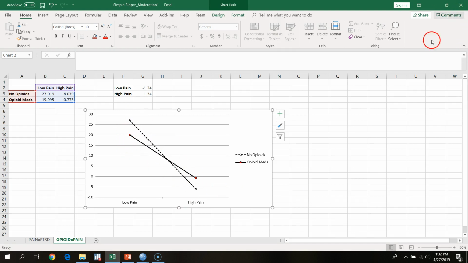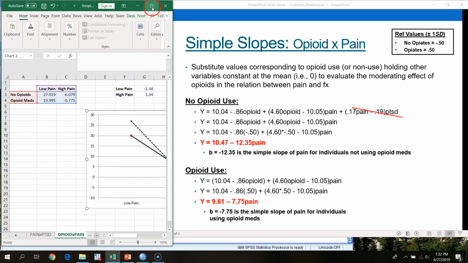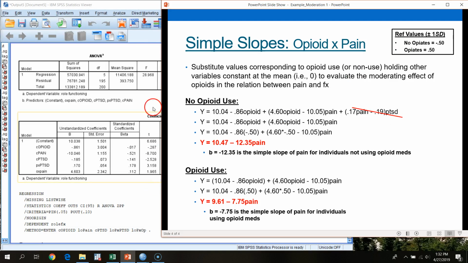Okay, so this gives us most of the stuff we need, but what we might want to do is verify that both of these simple slopes correspond to a statistically significant association.